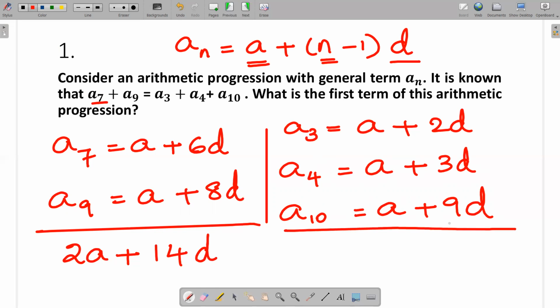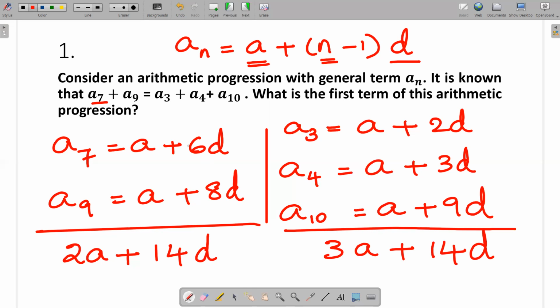Now, what is the sum of these three terms, A3, A4 and A10? That is equal to 3A plus 2 plus 3 plus 9, which is 14D. So the sum of these three terms is equal to 3A plus 14D.